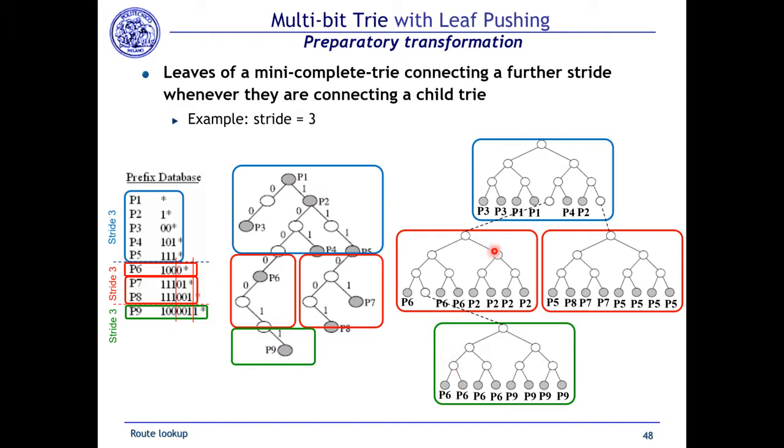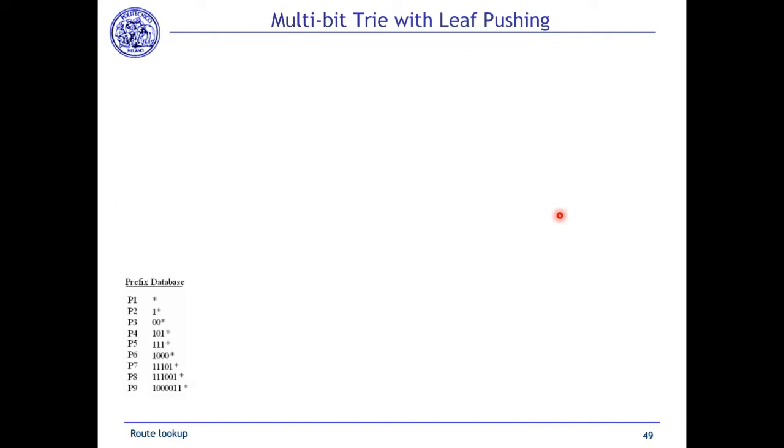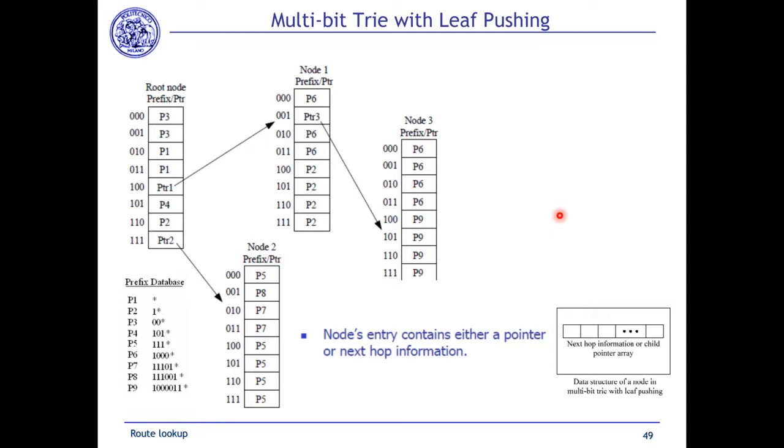Now here, in the first node, you don't need to write anything in the array, so you can delete the content of the array of the next hops corresponding to that node, and the same holds for this node. On the other side, you had the array of the pointers, and the array of the pointers had something only in these two nodes and nothing in the other nodes. So now you can merge the two arrays, and you don't have any collision. So this is the result.